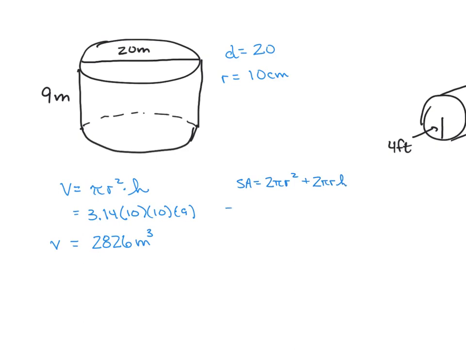So if we plug into this, we get 2 times 3.14 times 10 times 10 plus 2 times 3.14 times 10 times 9.